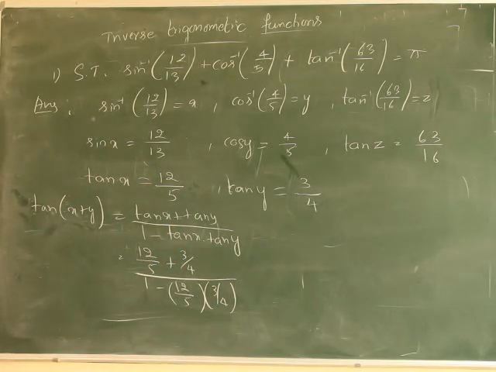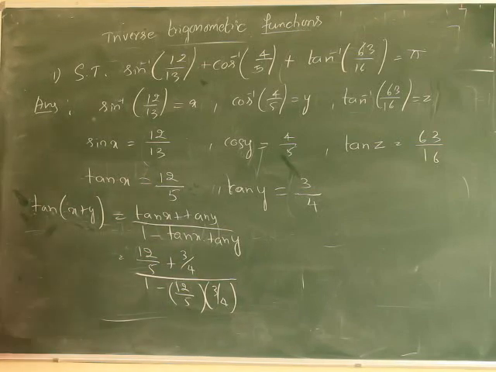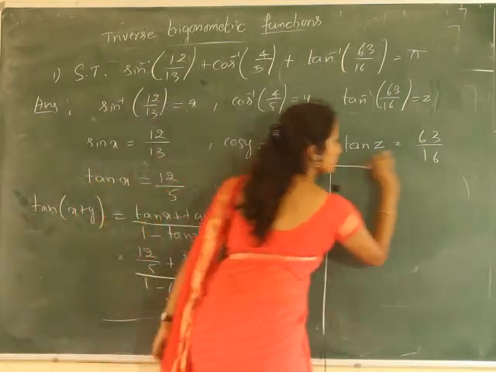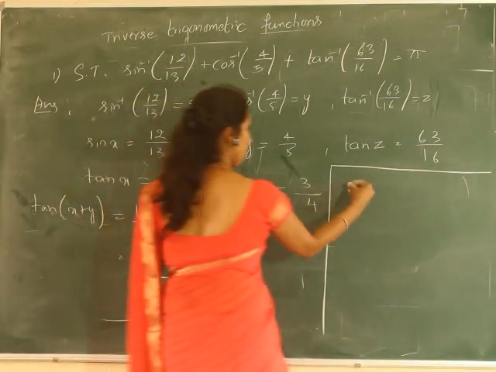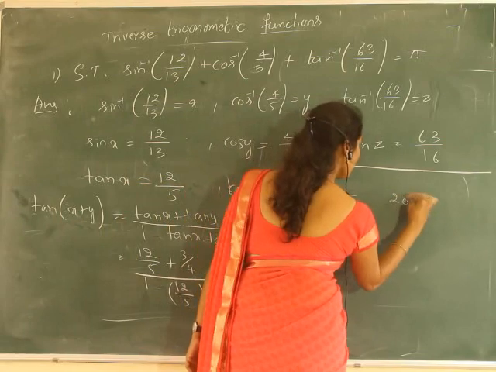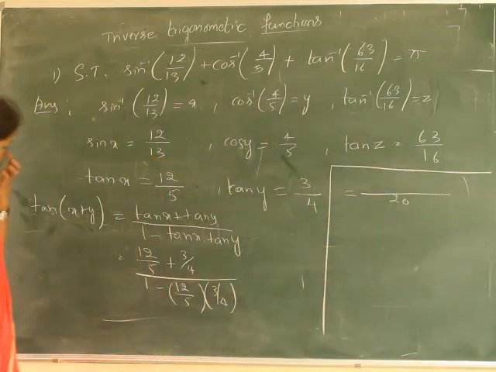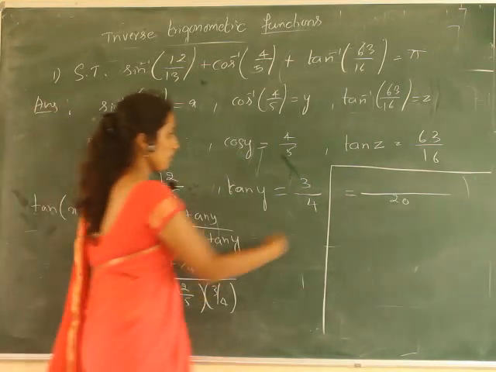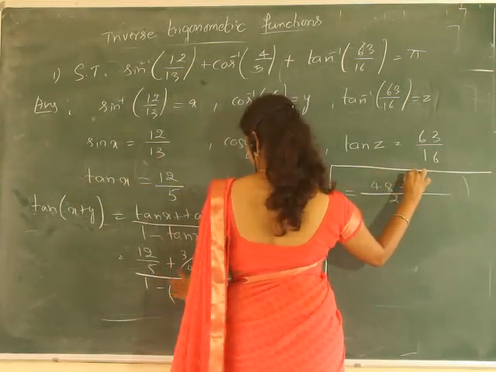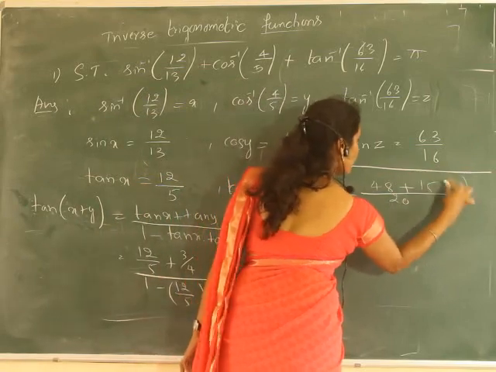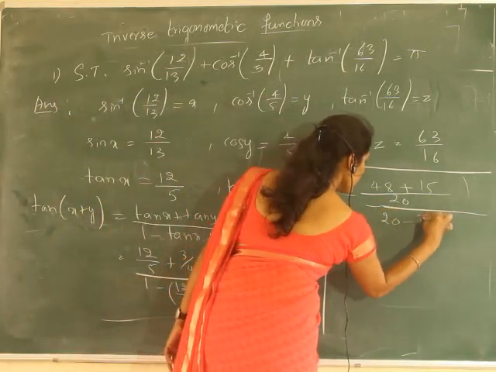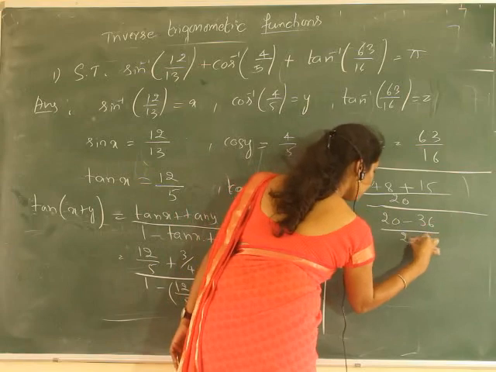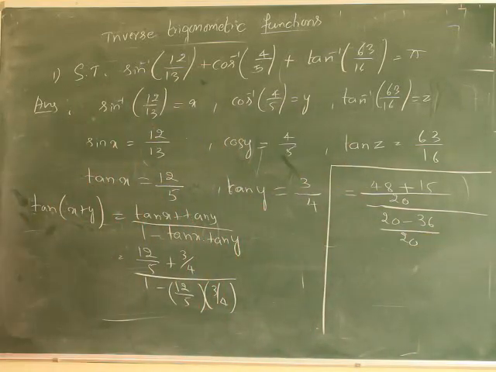So what do we get here? What is that simplified form? We get 12 by 5 plus 3 by 4 divided by 1 minus that value. So we can take LCM as 20. 5 4s are 20, 12 4s are 48, plus 4 5s are 15, whole divided by 20 minus 36 divided by 20.